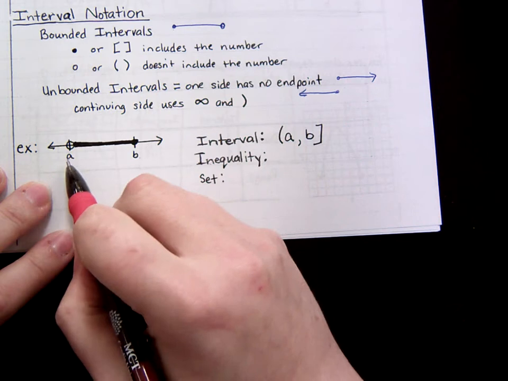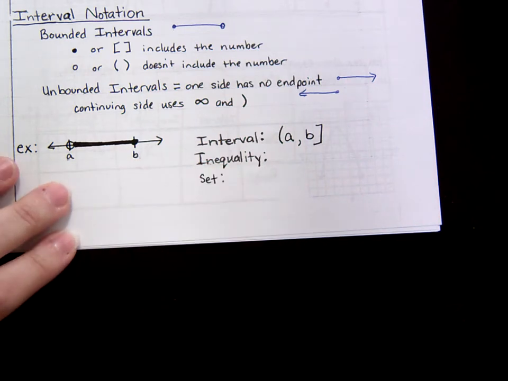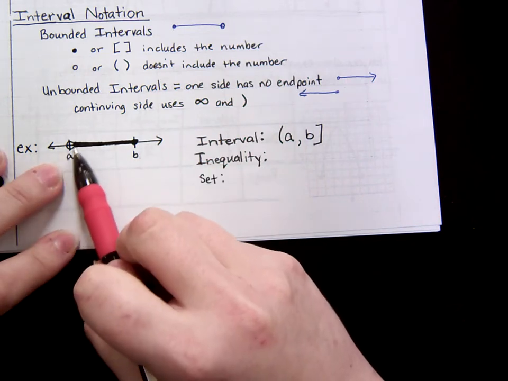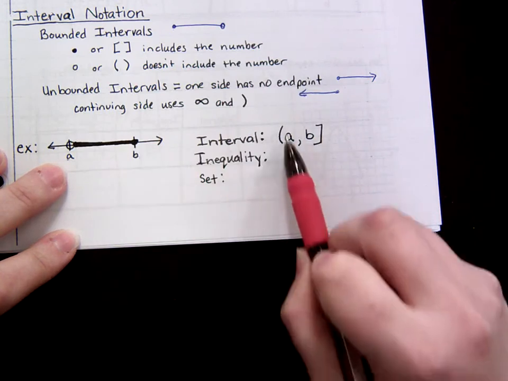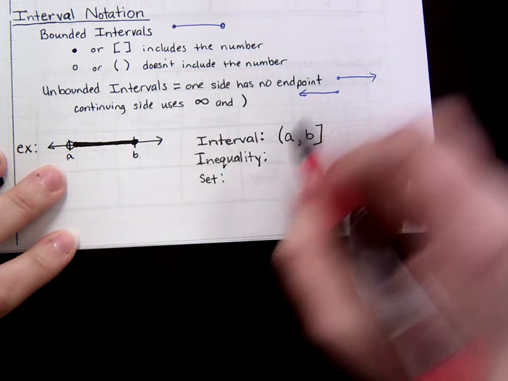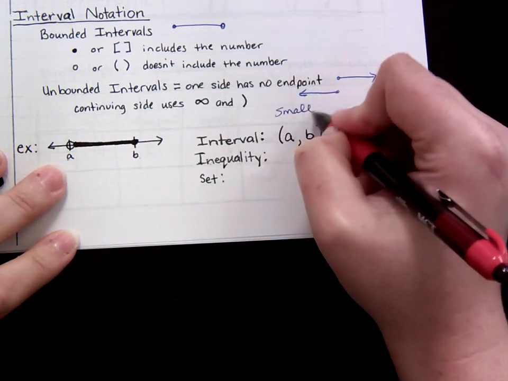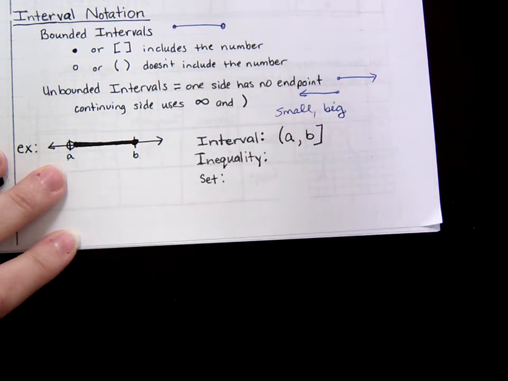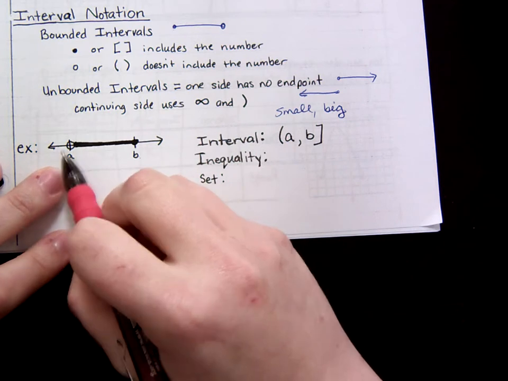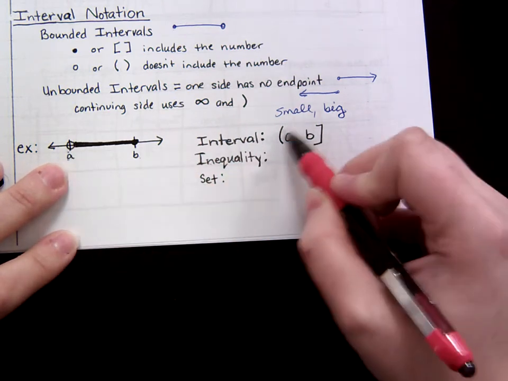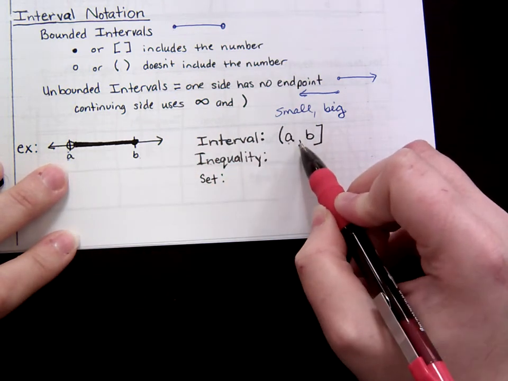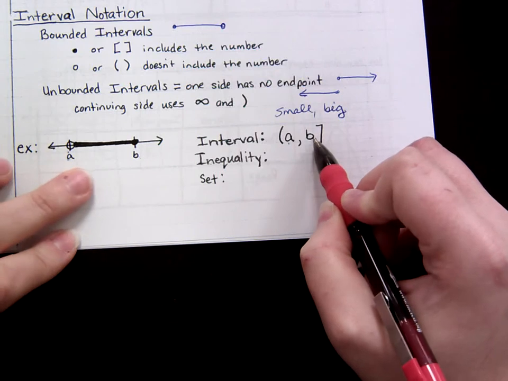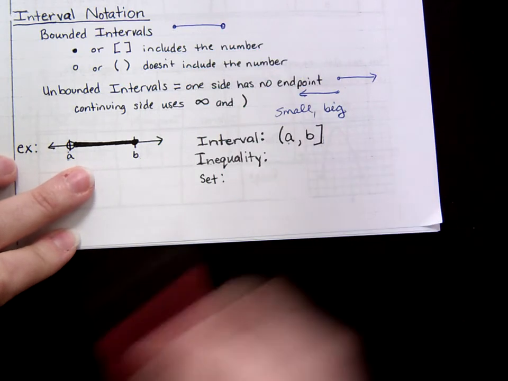It can be 5 and 10, whatever. But we have an open circle at A, a closed circle at B. So in interval notation, we always go from small to big. A, because it's open, we have a parenthesis with it, comma, B is where it ends, and because it includes B, we use a straight bracket.